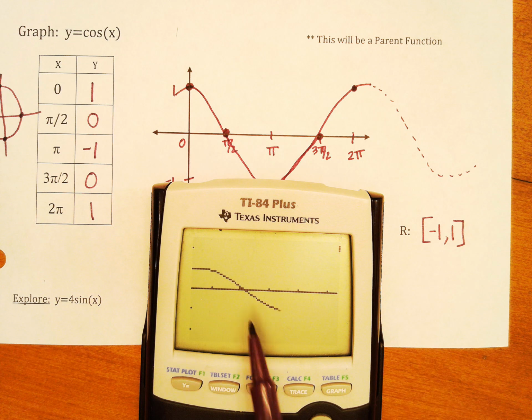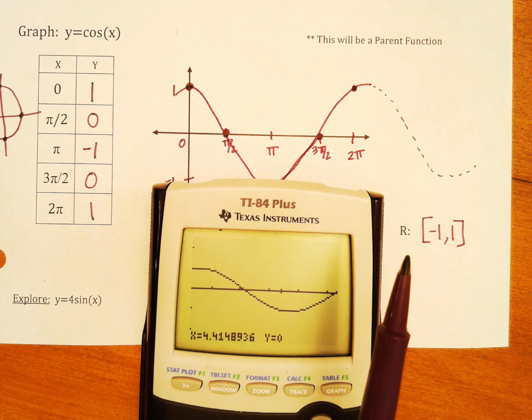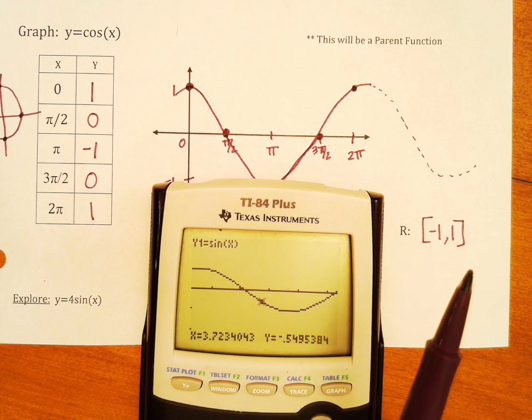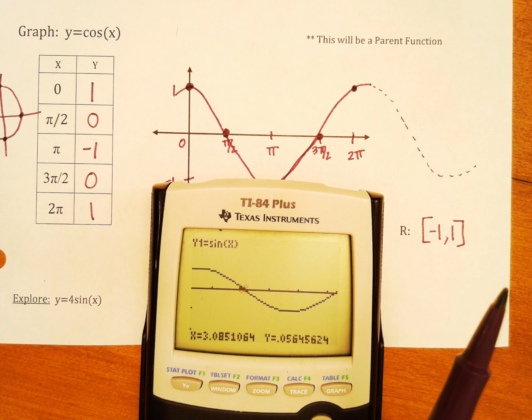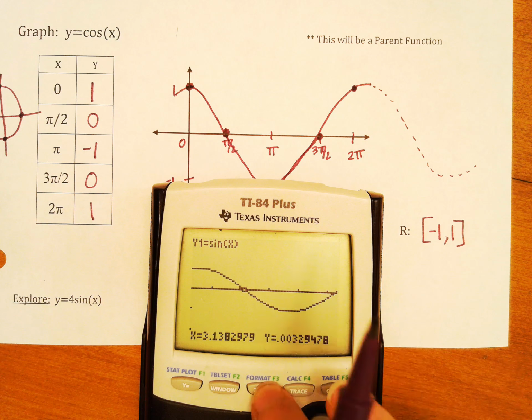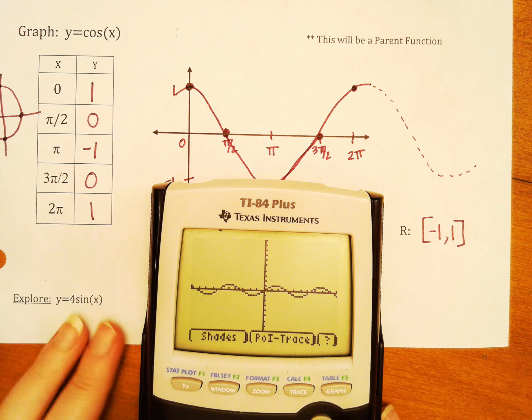So not quite at 3, but if I trace it here, we are crossing the x-axis at about 3.14159, which is that pi value. Anyway, just to see what that looks like graphically, it's kind of interesting seeing it on a calculator like that.